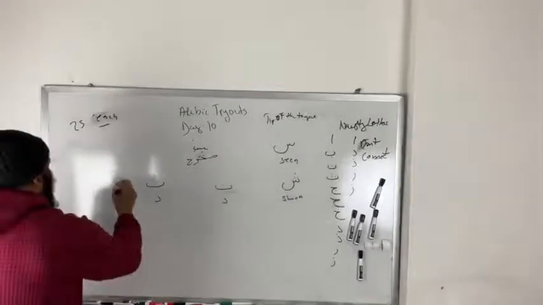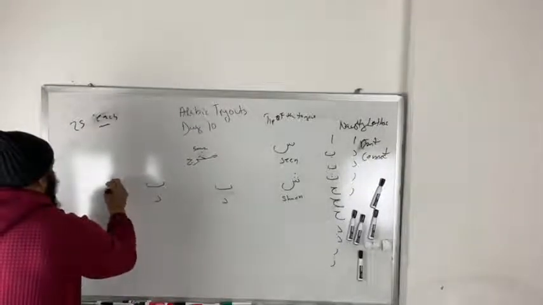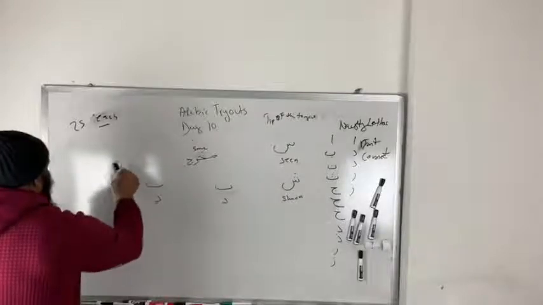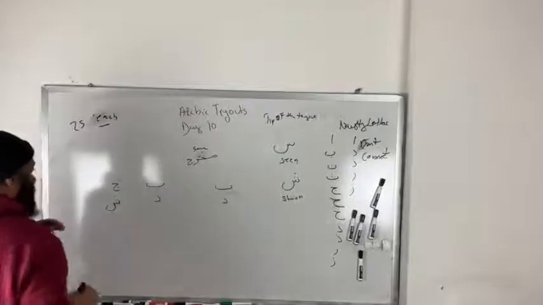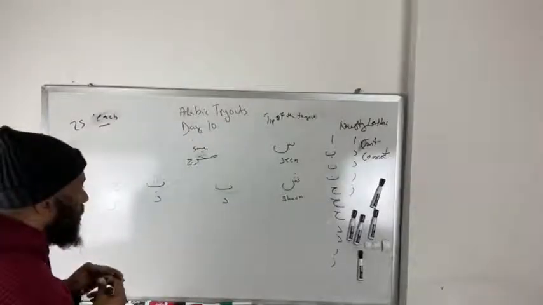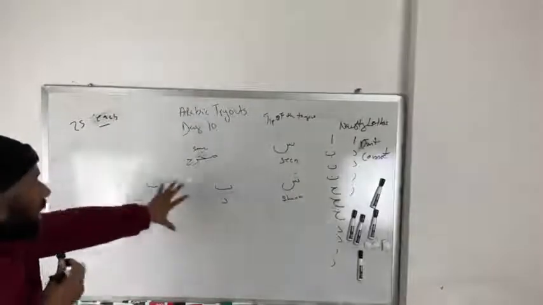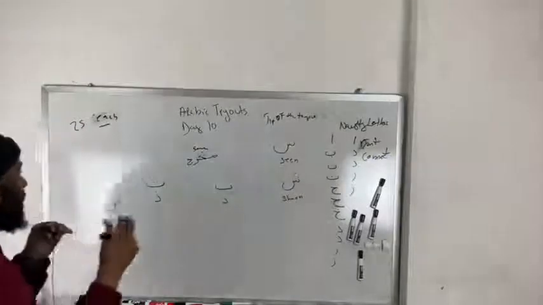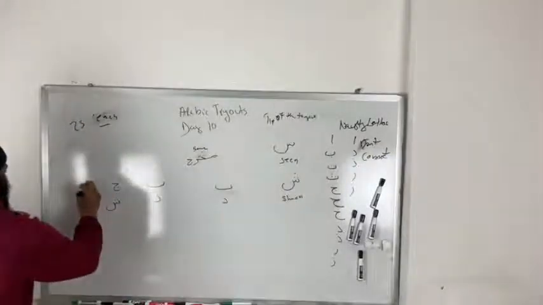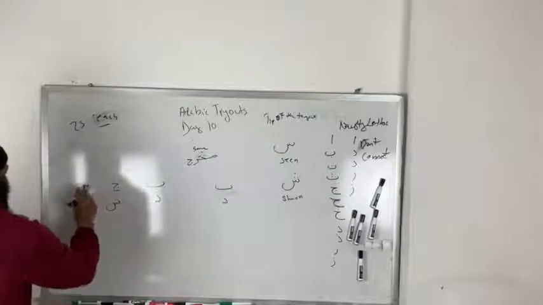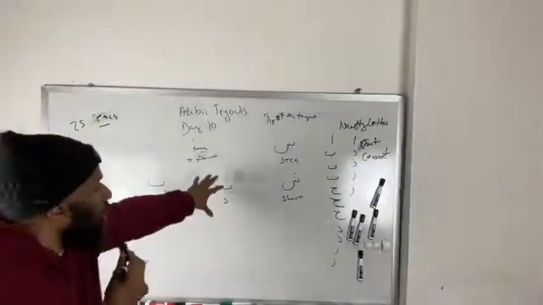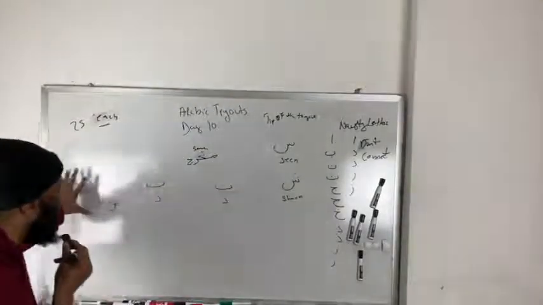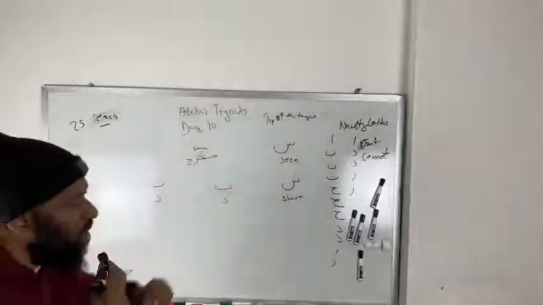Let's look at Jim and Sheen. Same makhraj. Right? All of these share the same makhraj. Let's look at Zay and Seen. So in your notebooks, you can have all the ones that share the same makhraj.